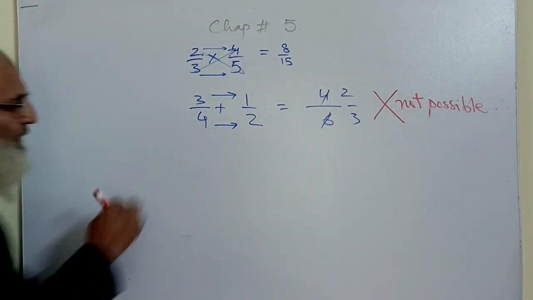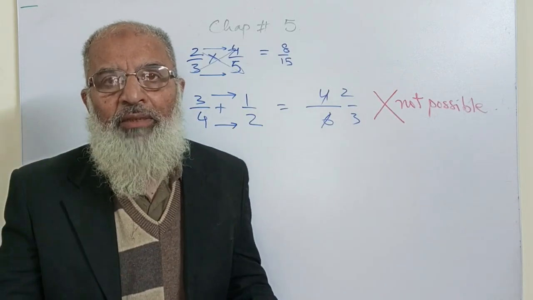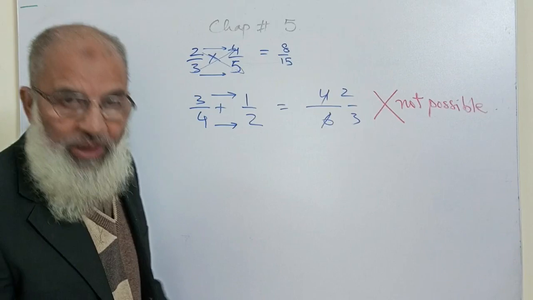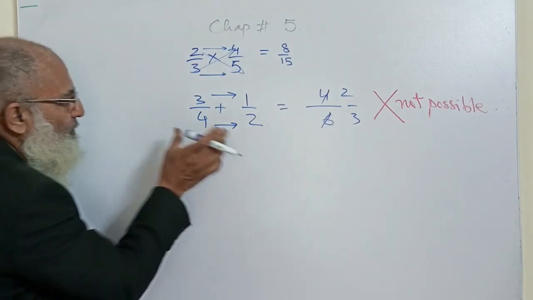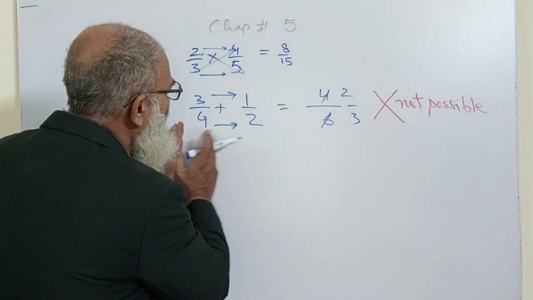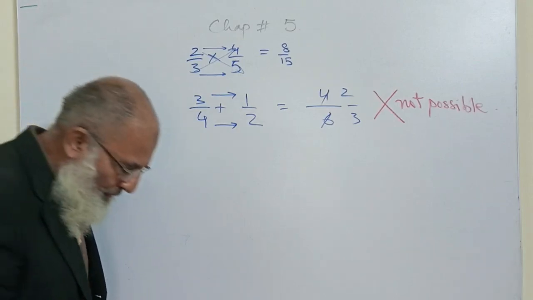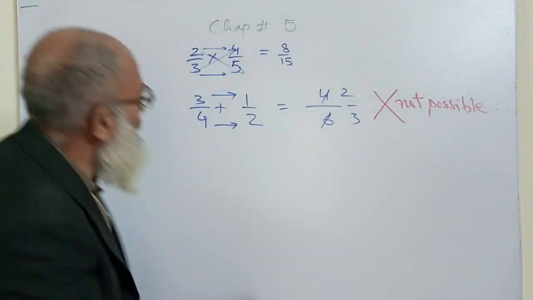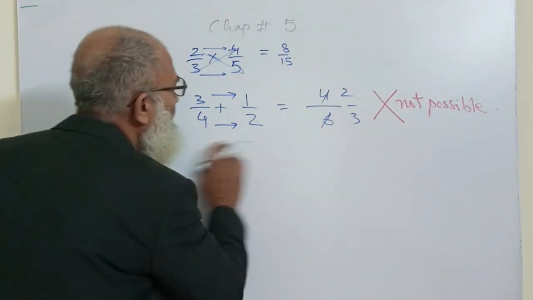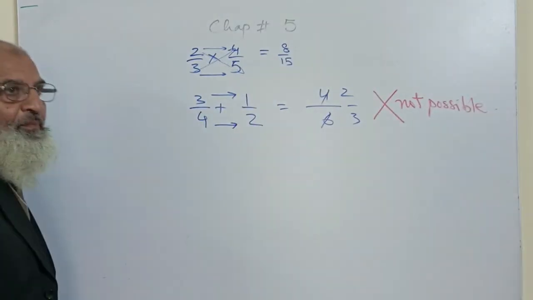Okay? Now, what we have to do is adopt a certain method to process this question. What is that method? We have to take the LCM. Unless and until there is a common denominator, we cannot solve this whole fraction. Now, how will we get the common denominator?